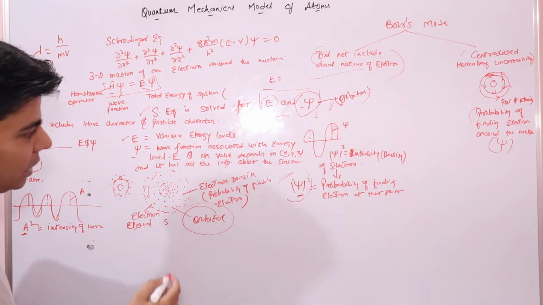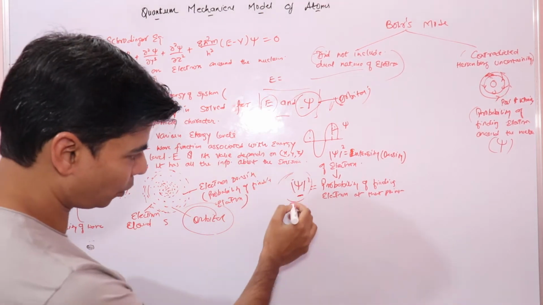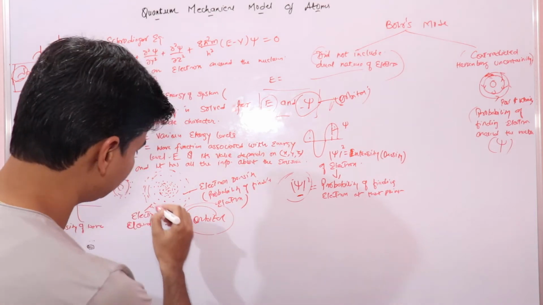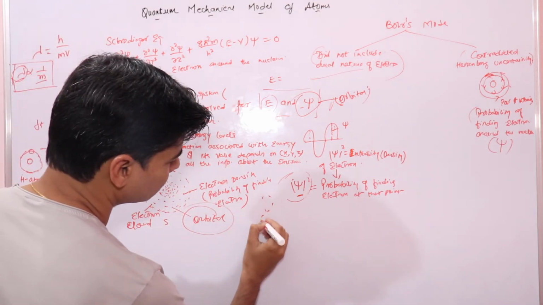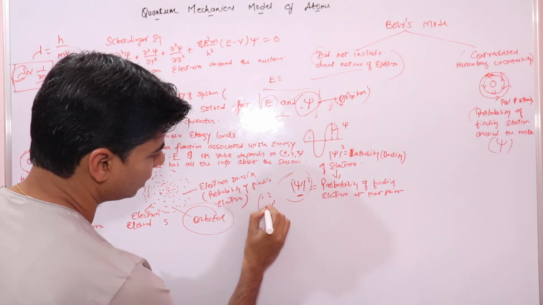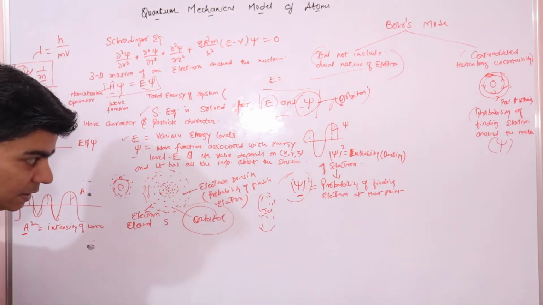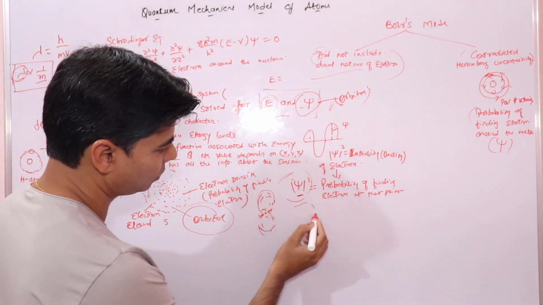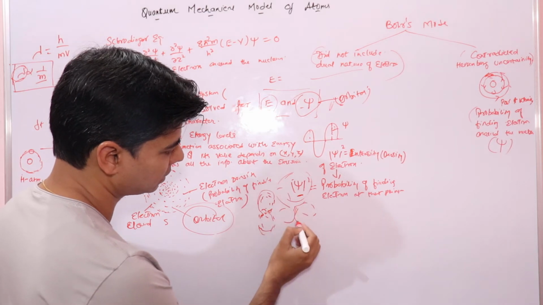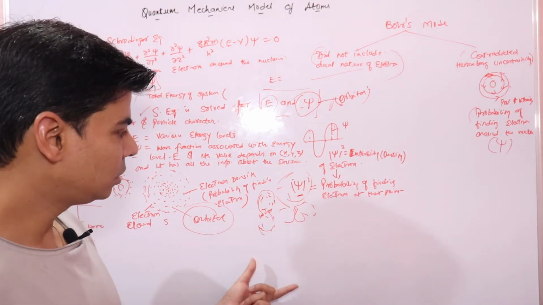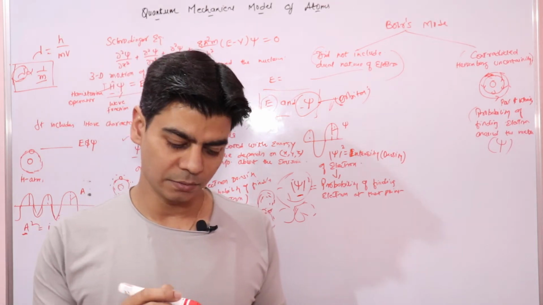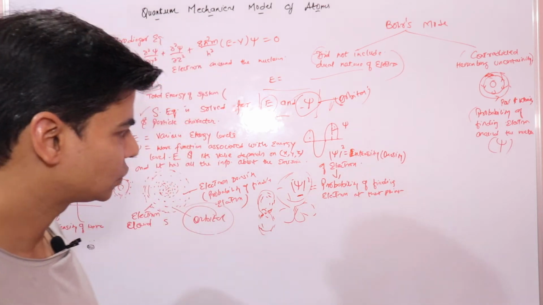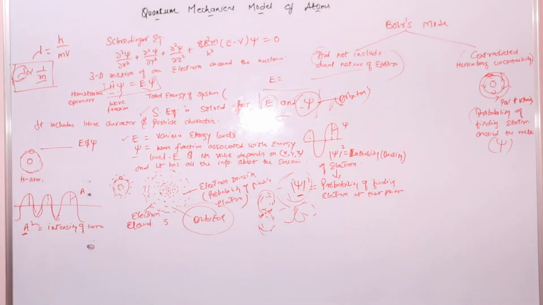Similarly, the probability of finding an electron may take different shapes, right? It may be like this, where the probability of finding an electron is maximum, right? We are seeing this probability in 3 dimensions, right? So we may go like this, like this, like this. So the shape of the orbital will tell you the probability of finding an electron in 3 dimensions. That's what it tells you.